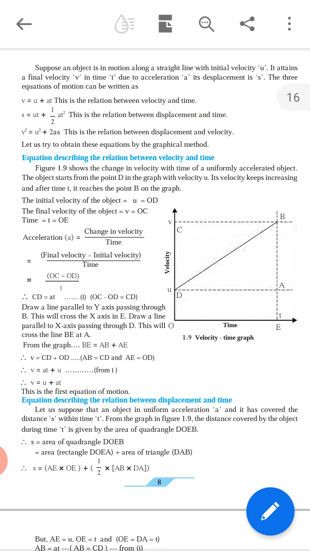From the graph, what is BE? BE is equal to BA plus AE, right?